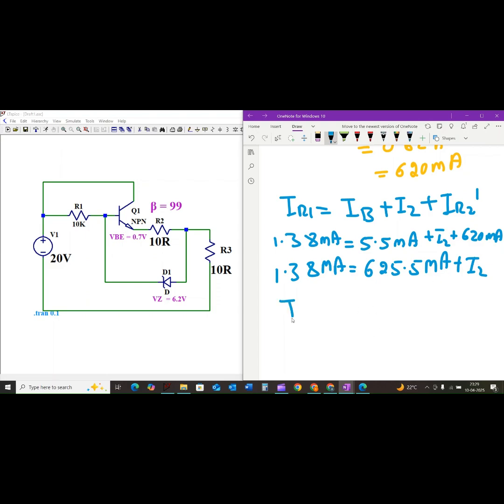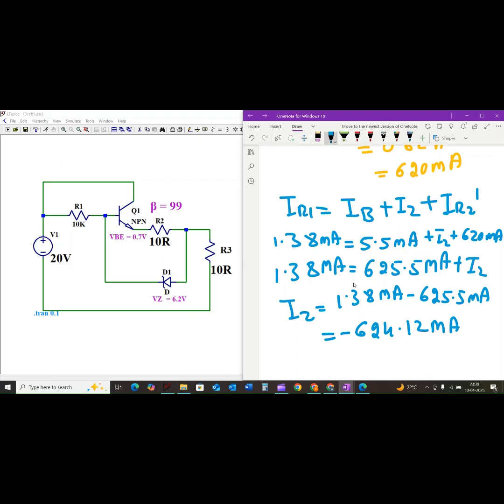So IZ is equal to 1.38 milliamps minus 625.5 milliamps, which is equal to minus 624.12 milliamps.